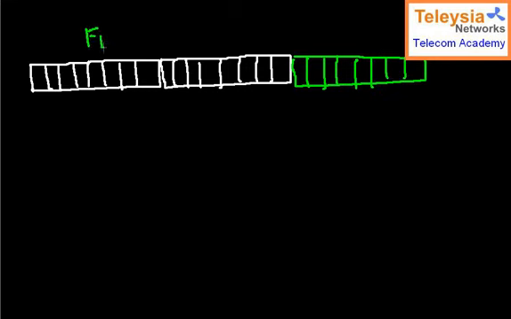Then let me change the color for the third TDMA frame. This is another 8 time slots. This is frame number 0, frame number 1, and this is frame number 2. This way it will keep going.